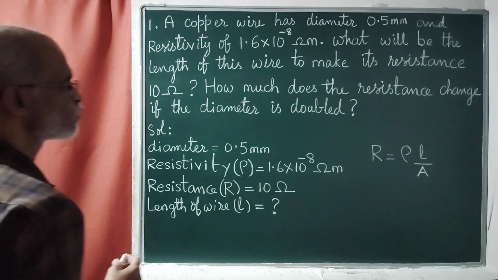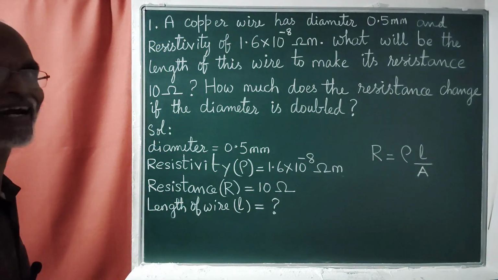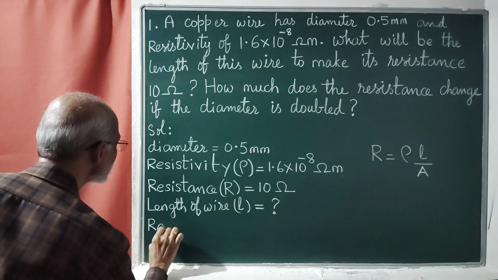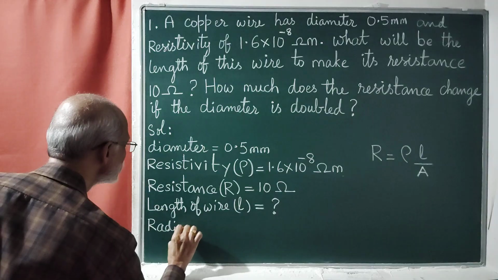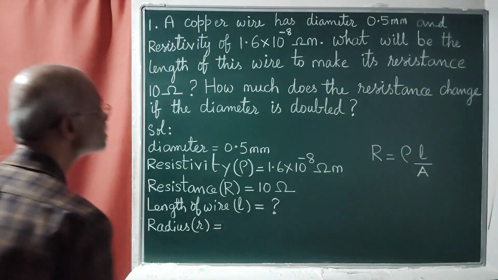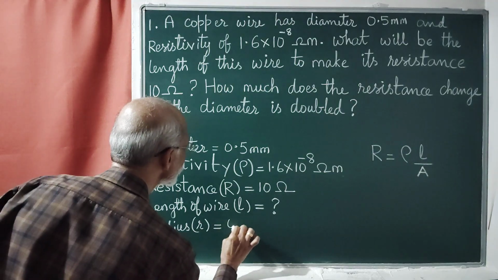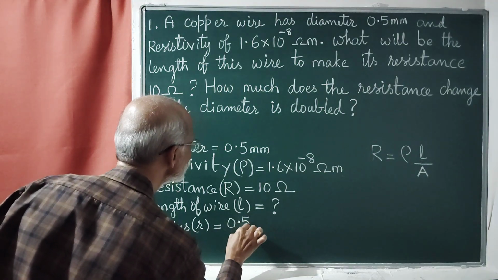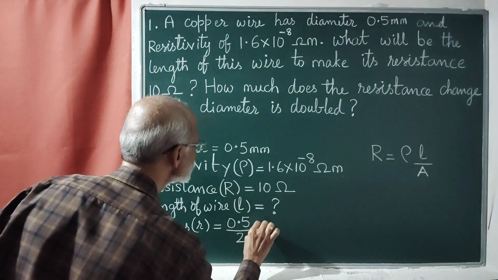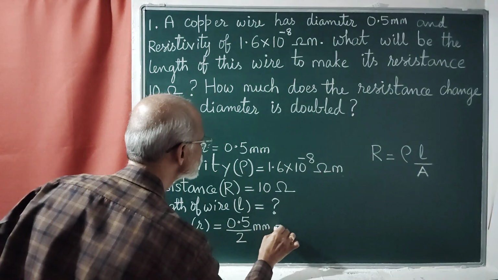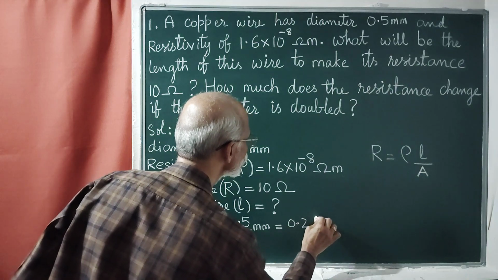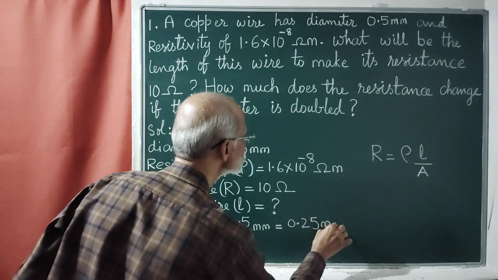To find the area of cross section, we require the radius. So radius R equal to 0.5 by 2 millimeters, which is equal to 0.25 millimeters.